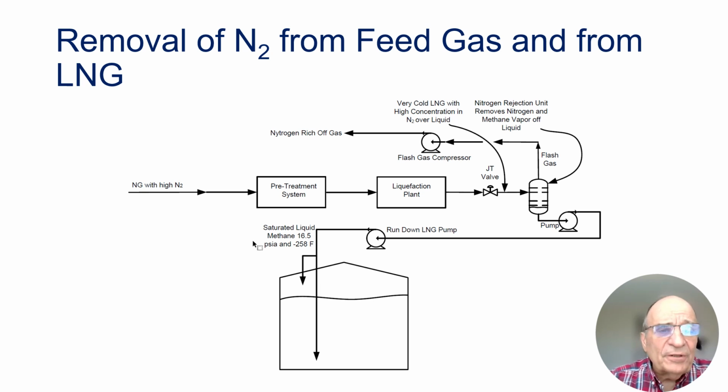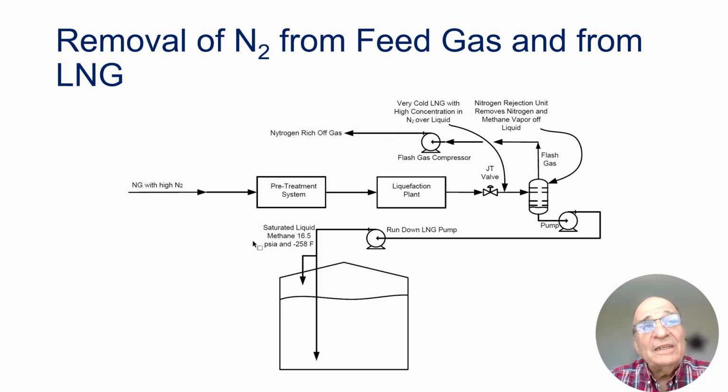So let's look at this process as shown here. We have natural gas coming in. This is your feed gas with high nitrogen content. It goes through your pretreatment system, goes through your liquefaction plant. What do we have here upstream of your JT valve? You typically have 100% liquid. Flash across your JT valve, have liquid and vapor. The vapor is high nitrogen content. It rises out and is removed. Now, also in this vapor is high methane content, so you can't just discharge this.